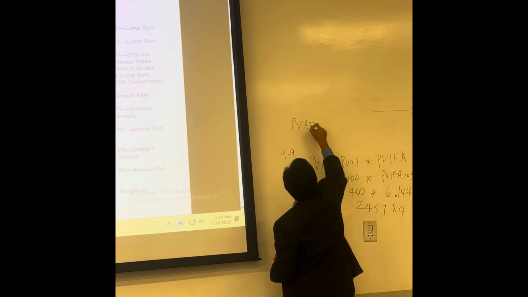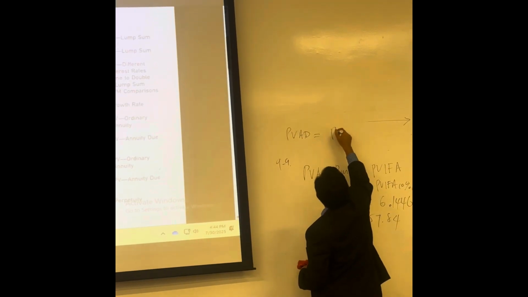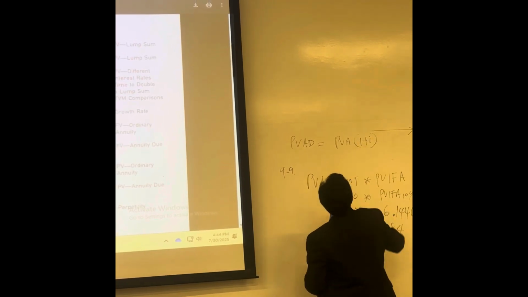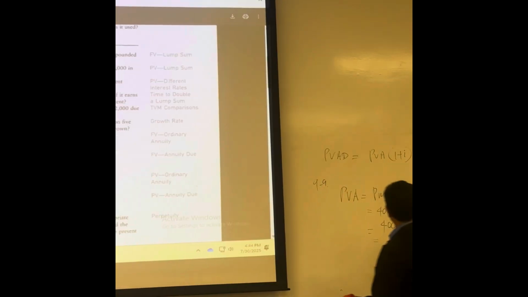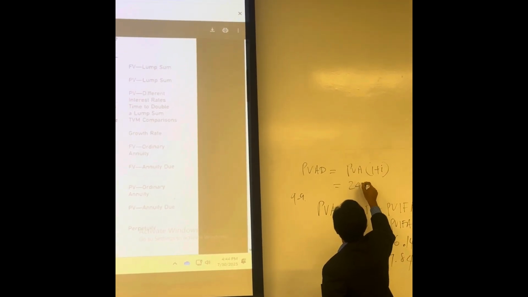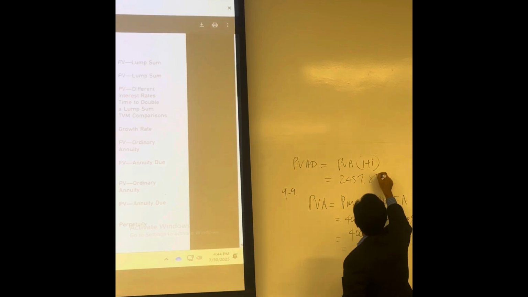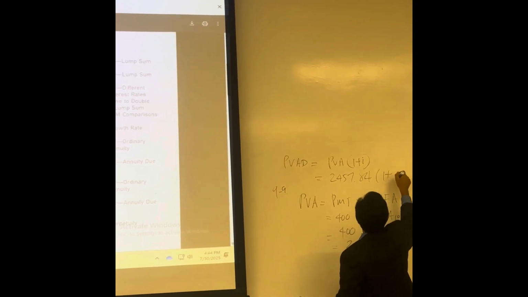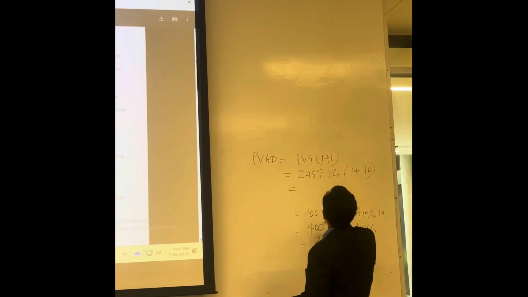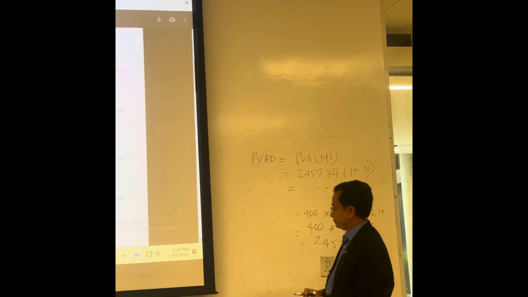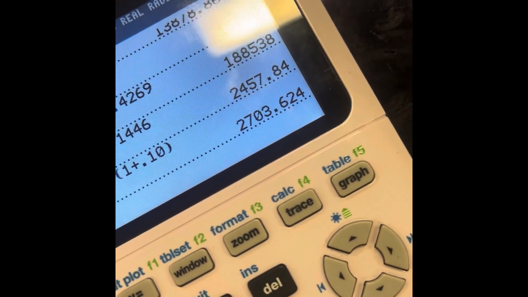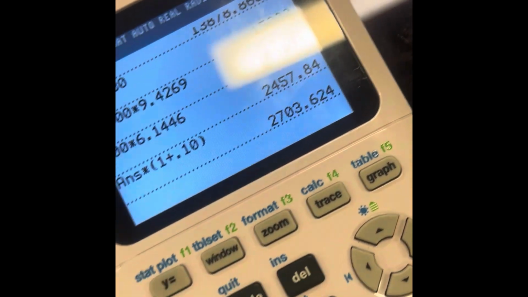PVAD, D for due, will be equal to PVA times 1 plus I. In this case, PVA is 2,457.84 times 1 plus I, which is 1.10. Okay. So that would be your answer. Try to solve as many present value annuity due problems as you can, because these will be on the test.